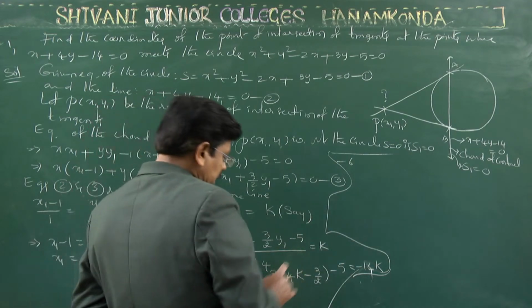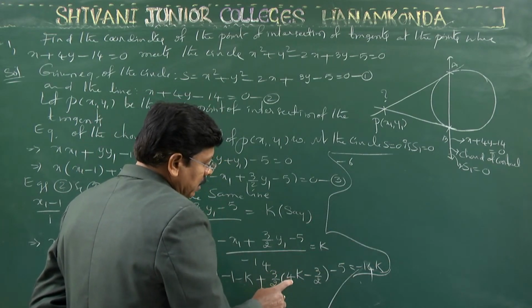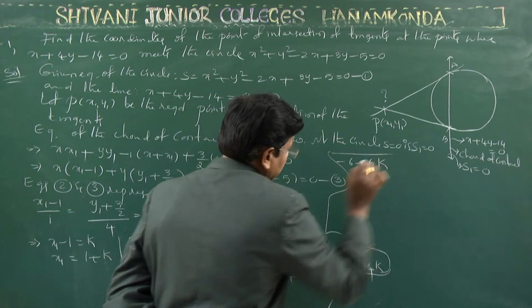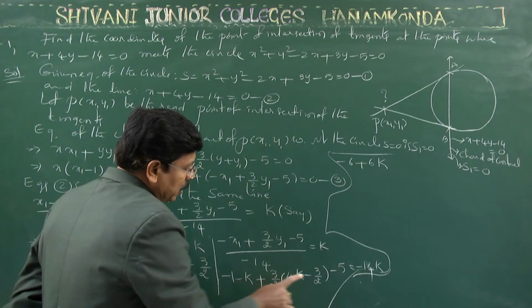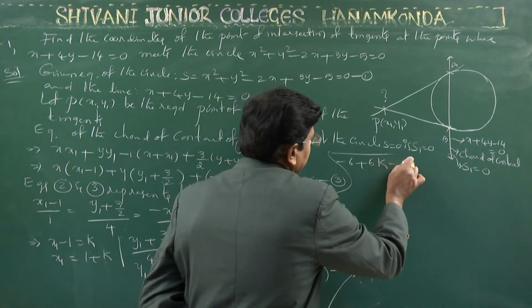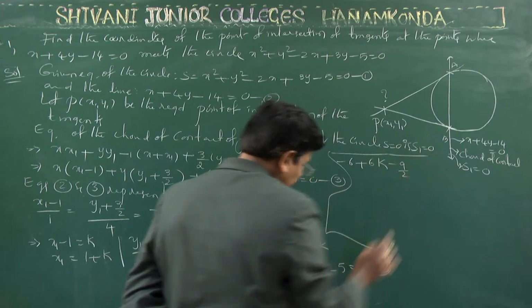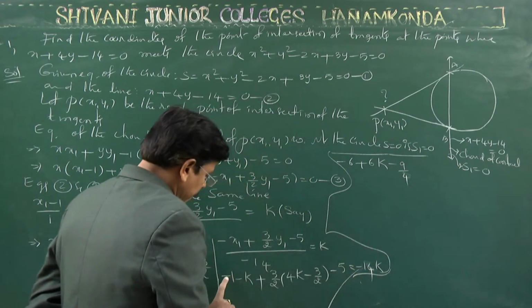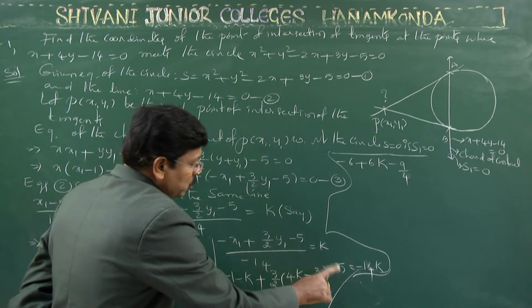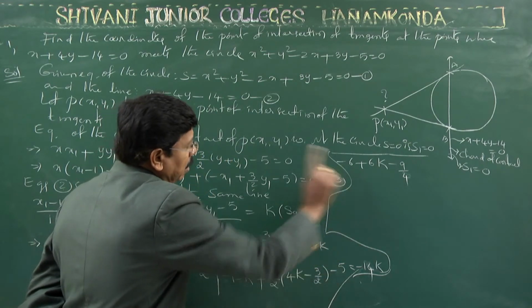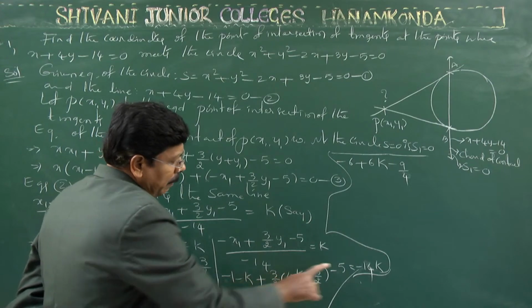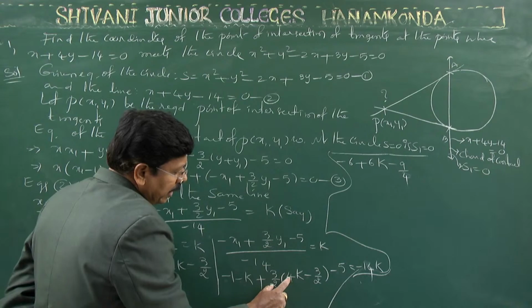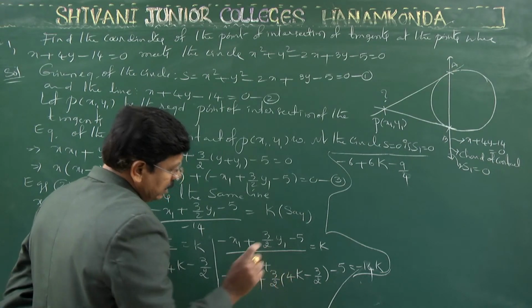Next, 3 by 2, the 2s get cancelled, giving plus 6k. Plus into minus gives minus 9 by 4. Then minus 1, minus 5, giving minus 6. You can observe 2 into 2, the 2s get cancelled, 6k plus 6k.